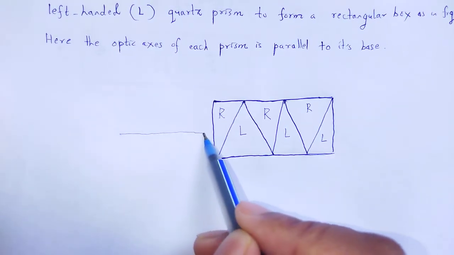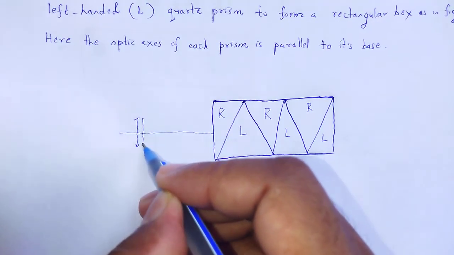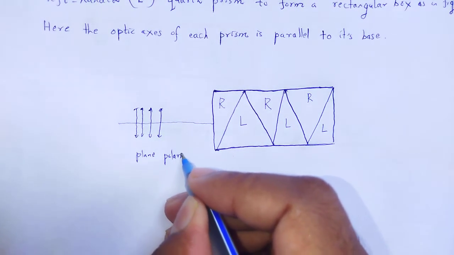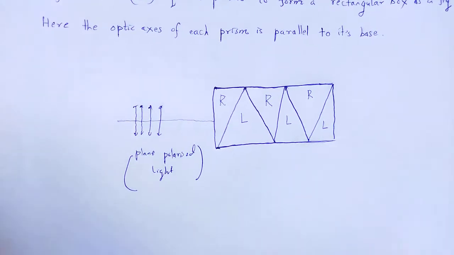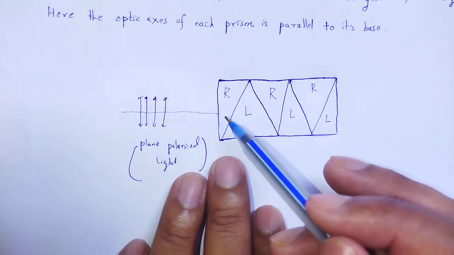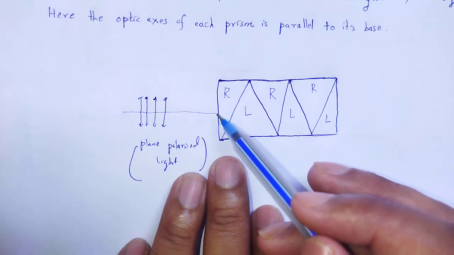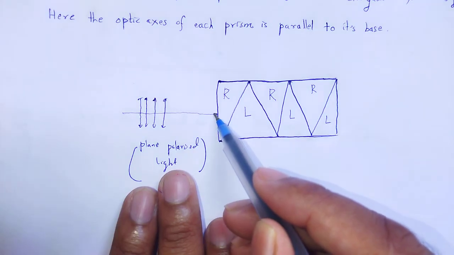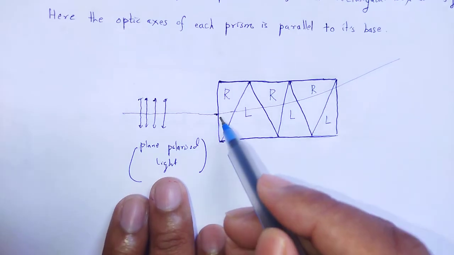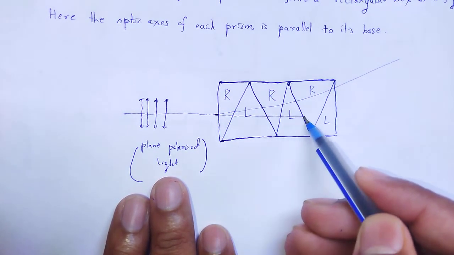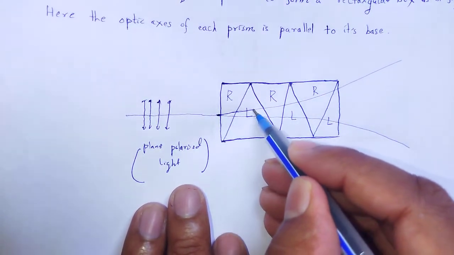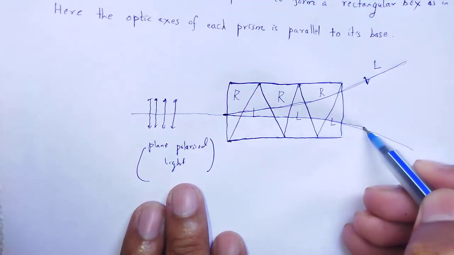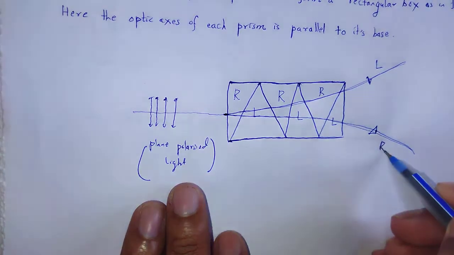So when plane polarized light is incident on such an arrangement, due to the property of the quartz crystal it is divided into two components, and due to such arrangement, one component deviates like this, and another component deviates like this, and that deviation is the left-handed circularly polarized component, and this deviation is the right-handed circularly polarized component.